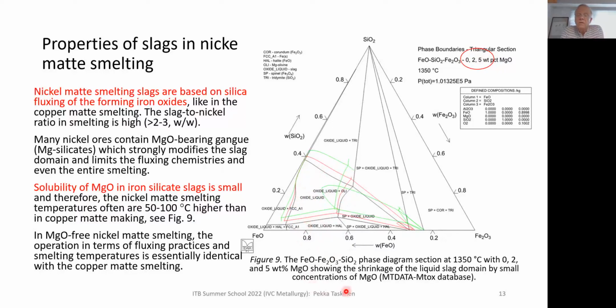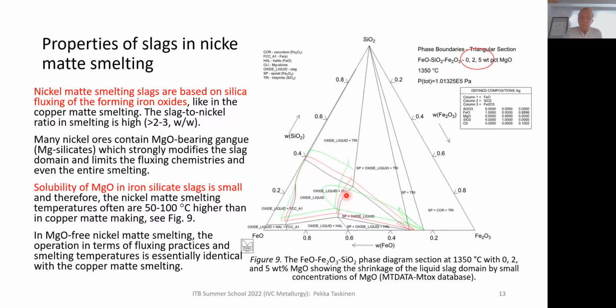So if we put 2% magnesium oxide into this slag, our molten slag domain is slightly, but not very much, decreased. It is also shifted a bit towards higher silica levels. That means that our silica saturation is slightly increased by MgO addition of 2 weight%.